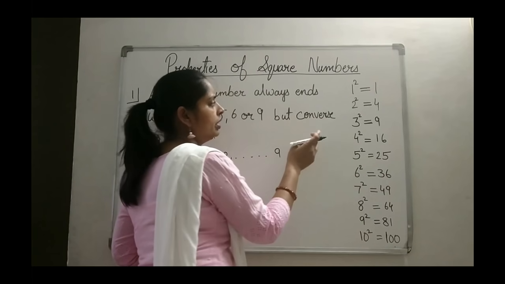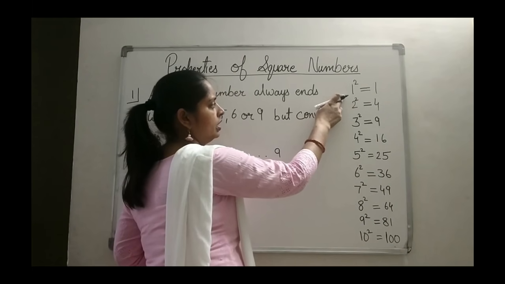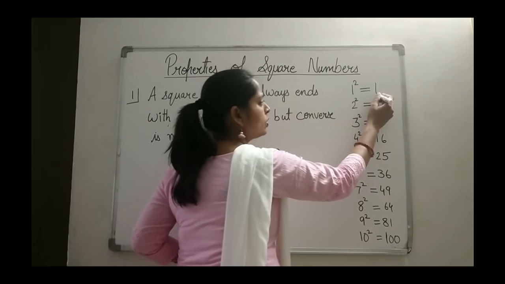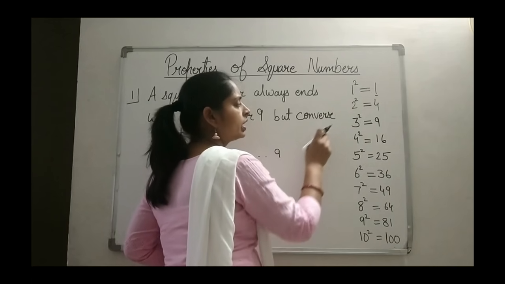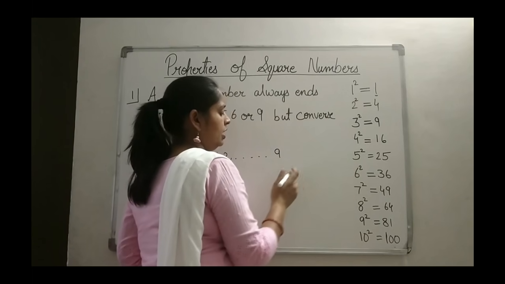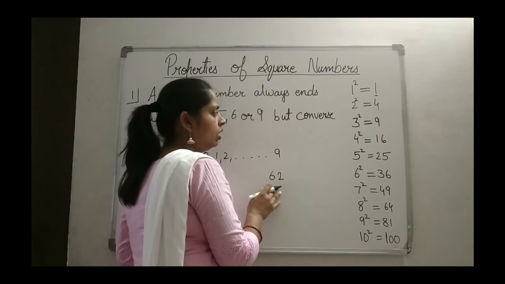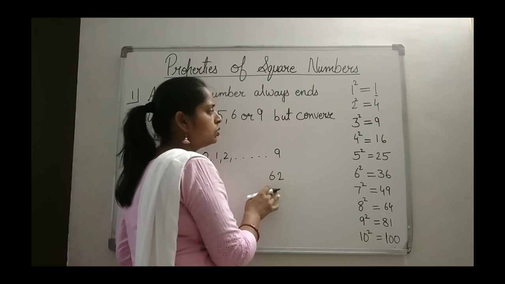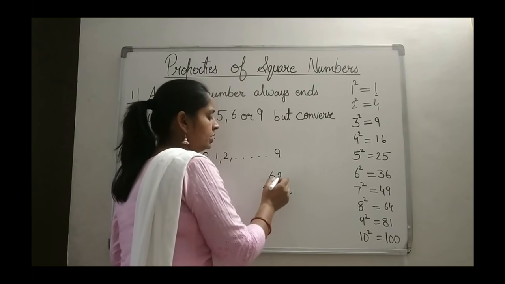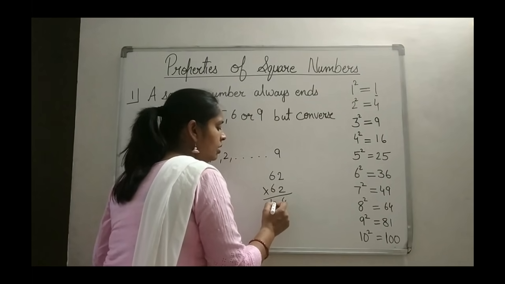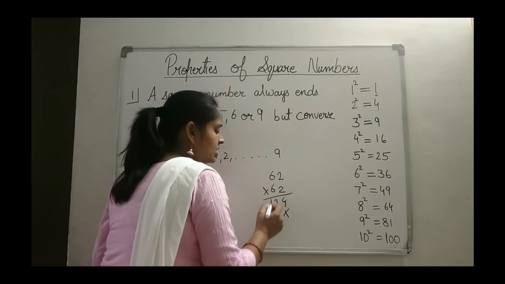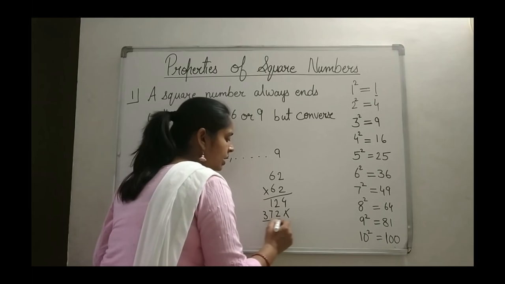So if the number is ending by 1, then its square will also end by 1. Is it fine? If the number is ending by 2, fine. If 62 is there and we want to find the square of 62, what will we do? 62 multiplied by 62. 2 2s are 4, 6 2s are 12, again 6 2s are 12, 6 6s are 36 plus 1, 37.